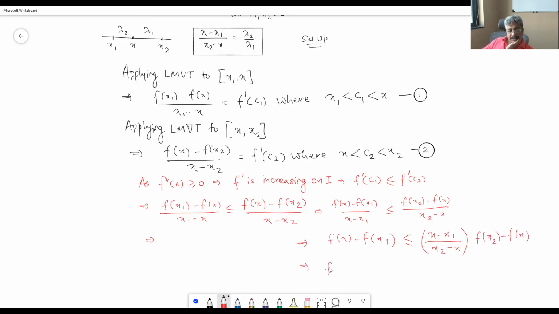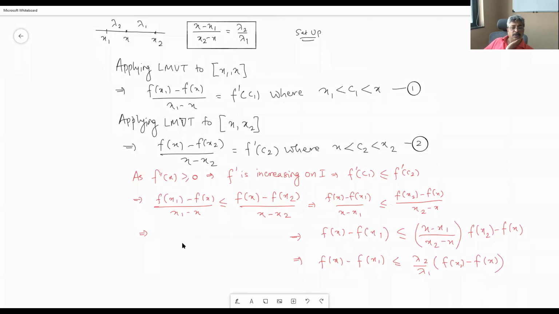This implies f of x minus f of x1 is less than or equal to lambda 2 upon lambda 1 times f of x2 minus f of x.